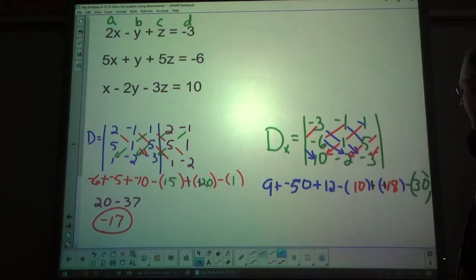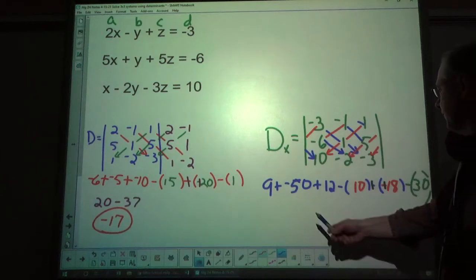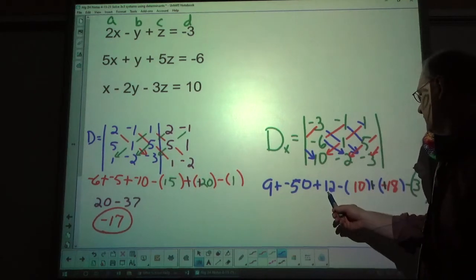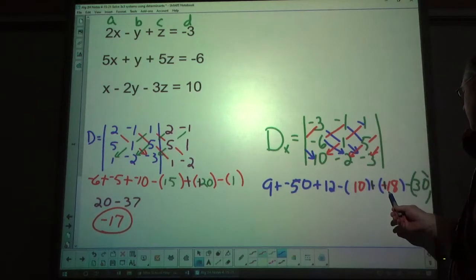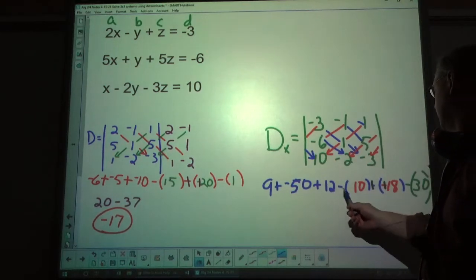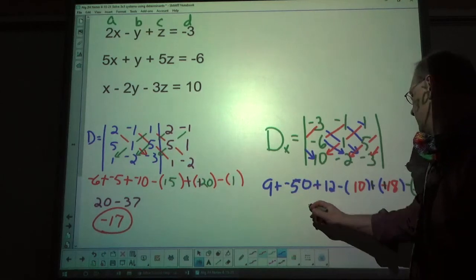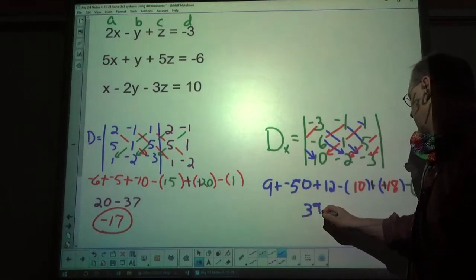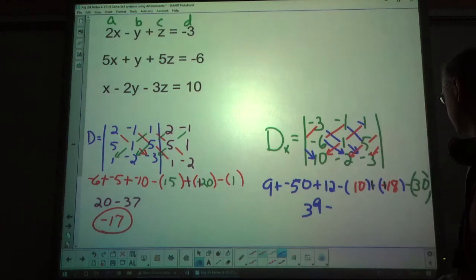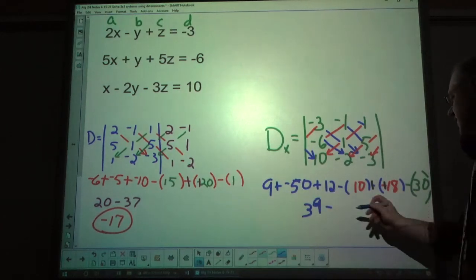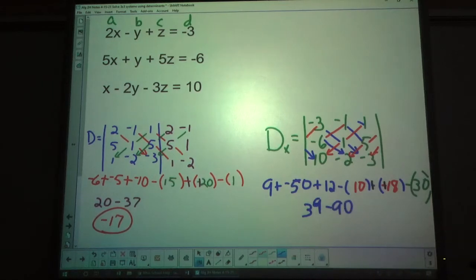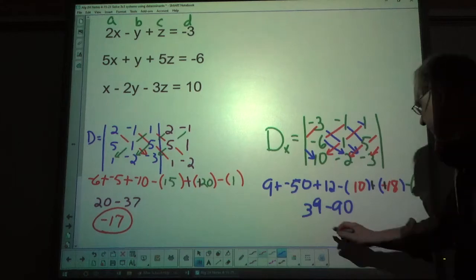All right, now I'll double check this. 9, let's see, 21. Well, it's actually easier, 10, 20, 39. Minus 50, 60, 70, 80, 90. 39 minus 90, negative 51.